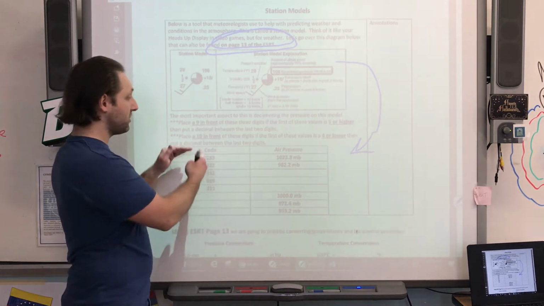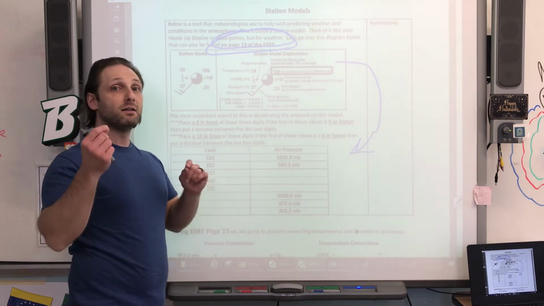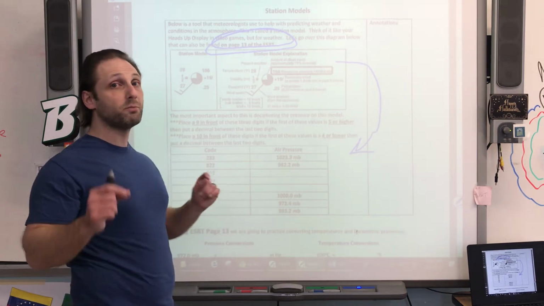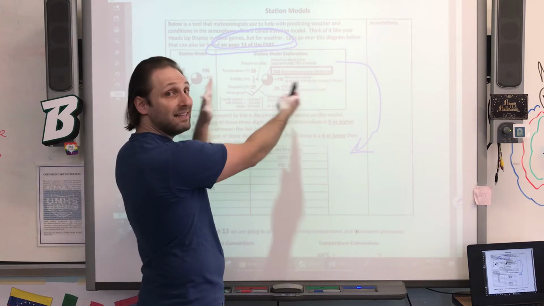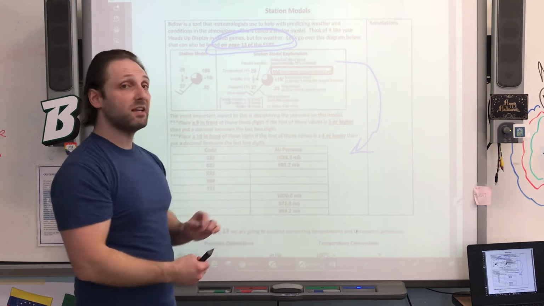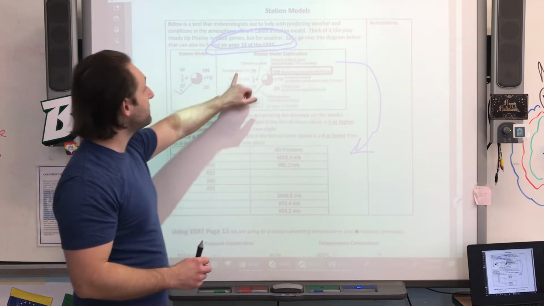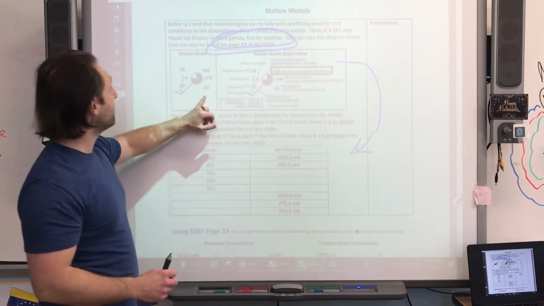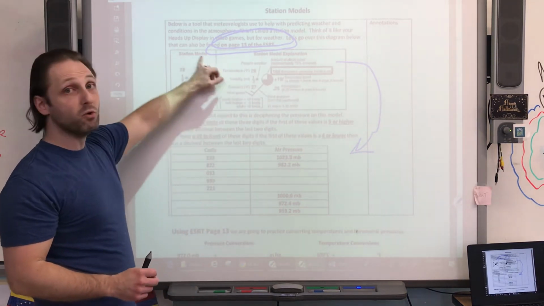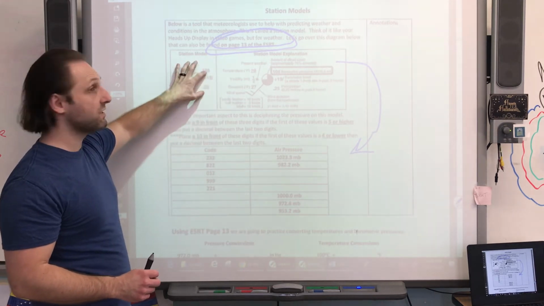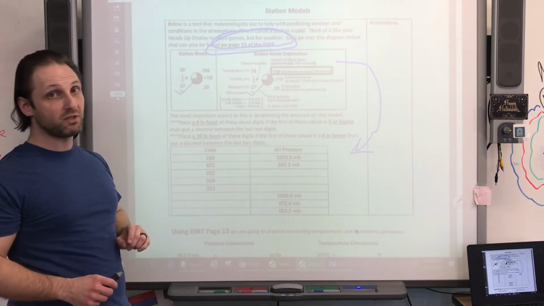Before that, these codes are not given units. The codes are purely to help condense the information in the station model so it's not as lengthy. All these words here don't exist on a station model. It looks more like this on the left, where we remove all that extra information. So it's a nice and tidy little package of symbols and numbers.